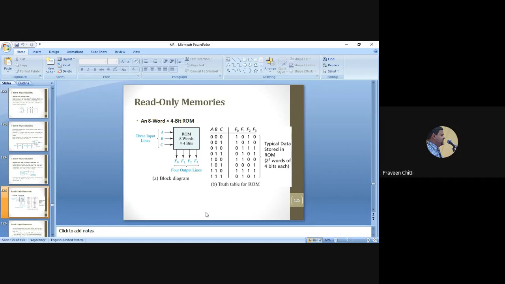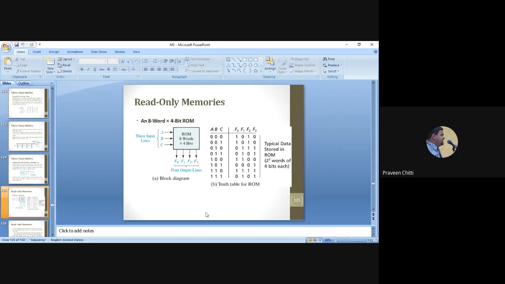It is shown that one particular example is taken, and here, what are the contents of those 8 memory locations that are shown? What is stored in the first memory location? Yes.